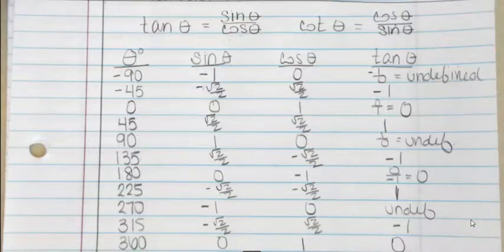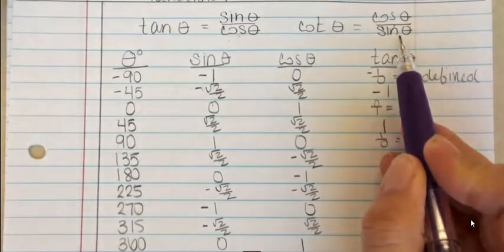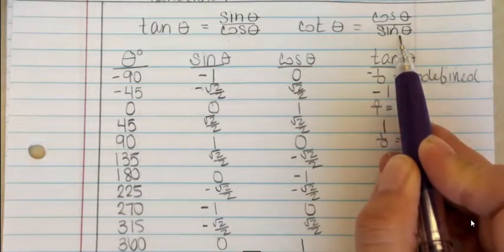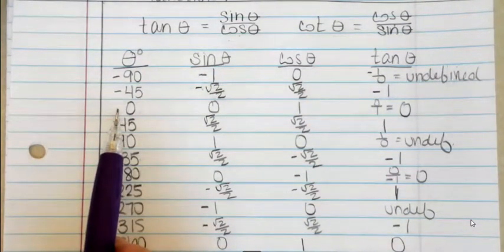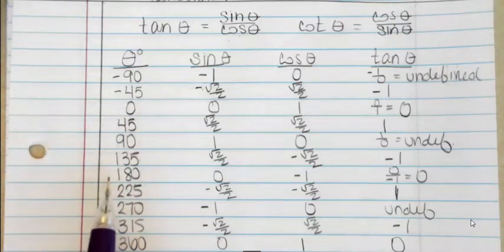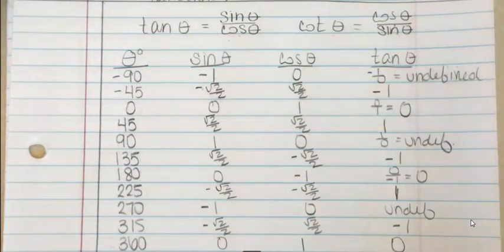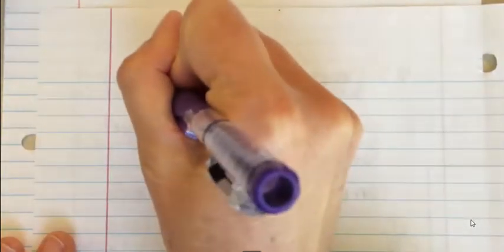Next, let's graph cotangent. Cotangent is the reciprocal of tangent. So now the graph will be undefined everywhere where sine is 0. So I can see sine being 0 at 0 degrees, at 180, 360, and so on, both in the positive and negative direction. So I will have vertical asymptotes at those values.